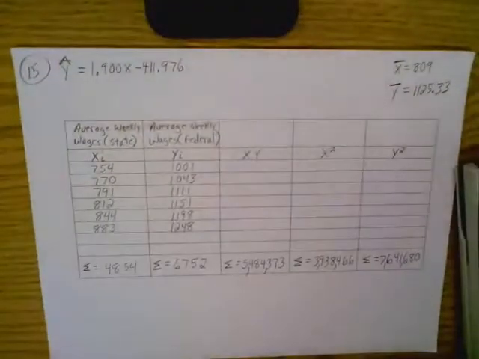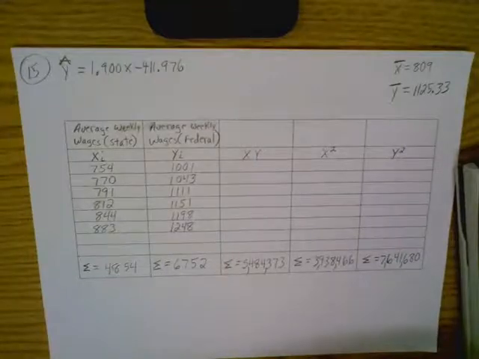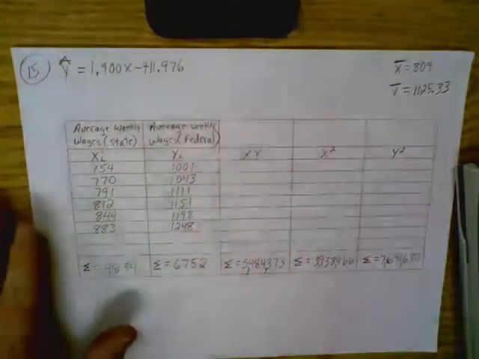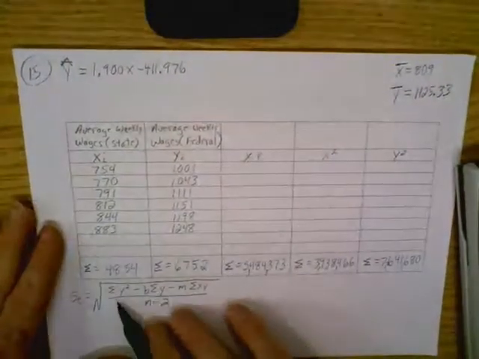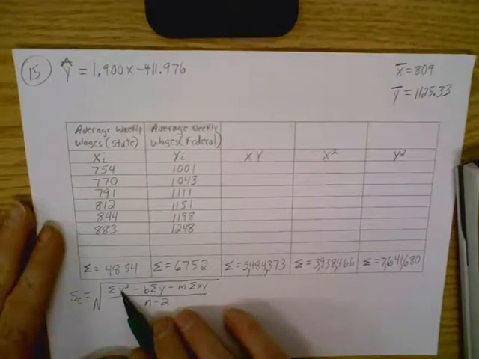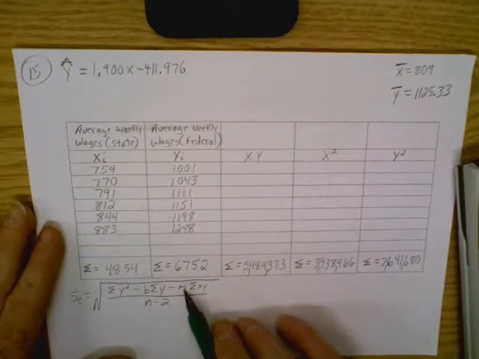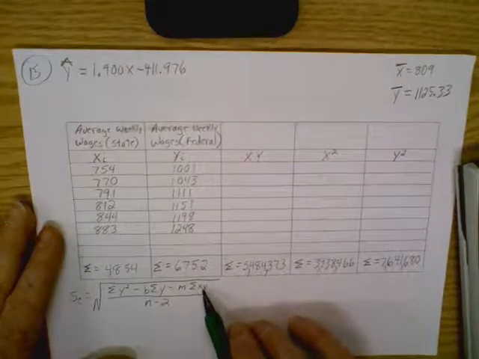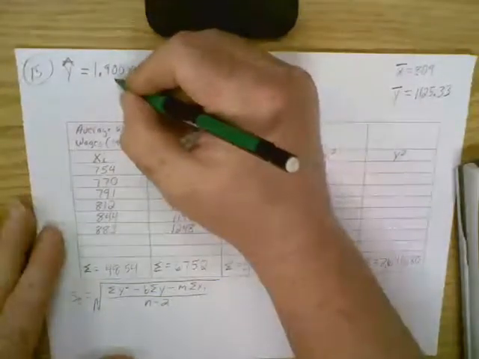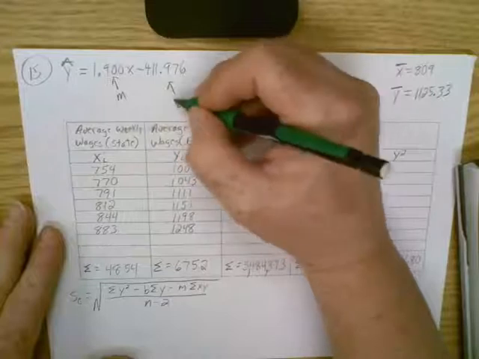And then we're going to take that and punch it into the other equation, which is this. I just wrote down this equation. So we need the sum of the y squareds, we need the b, the sum of the y's, the slope, the m, and then the sum of the x times the y's. Remember, this is your m, that's your slope, that's your b. Don't forget that b here is a negative, so we'll have to make sure we put that in.